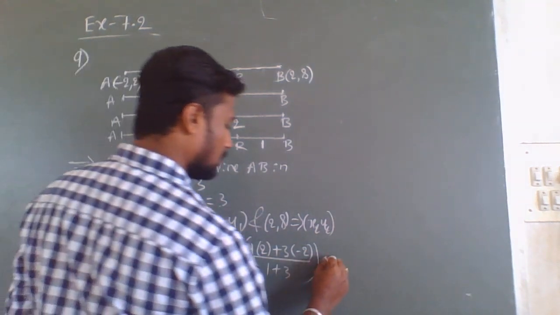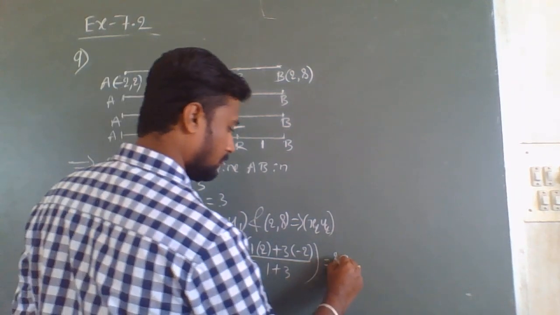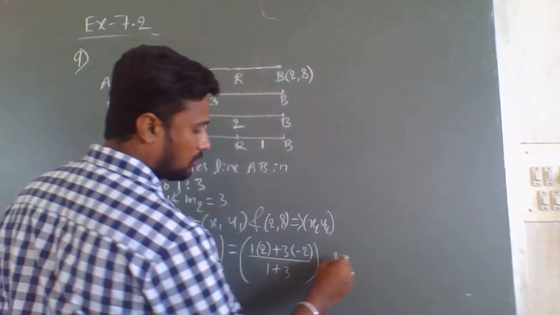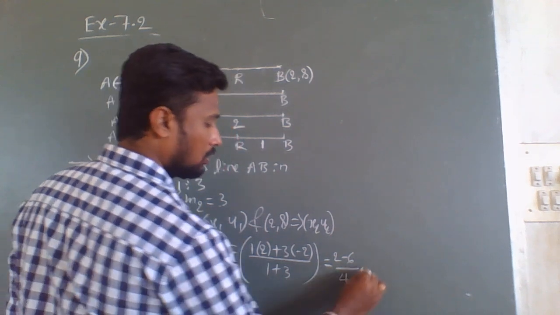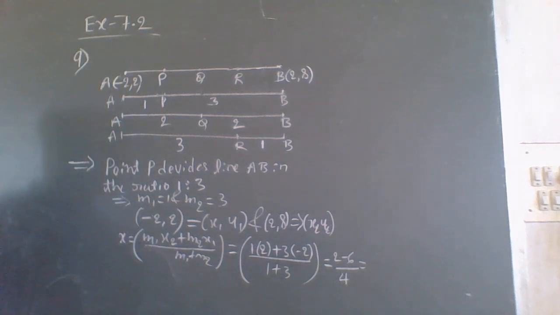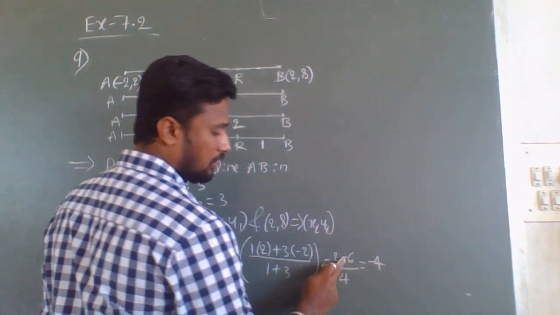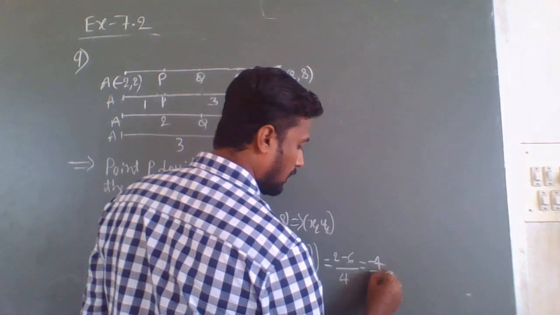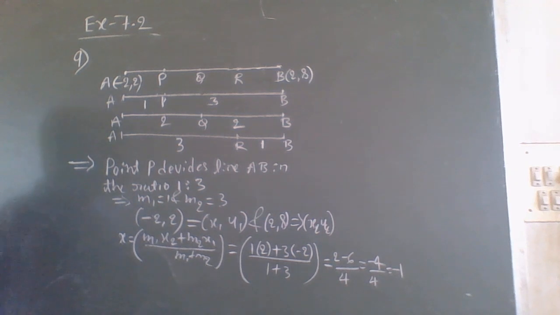So now this is equals to 1 into 2, 2, 3 into minus 2, minus 6 divided by 1 plus 3 means what we will get, 4. So here this is equals to 2 minus 6. 2 minus 6 means what we will get, plus into minus is minus, so we have to subtract. 6 minus 2 means what we will get, 4. So minus 4, because the sign in front of the higher value is minus, therefore minus 4 by 4 means x coordinate value of point P is minus 1.